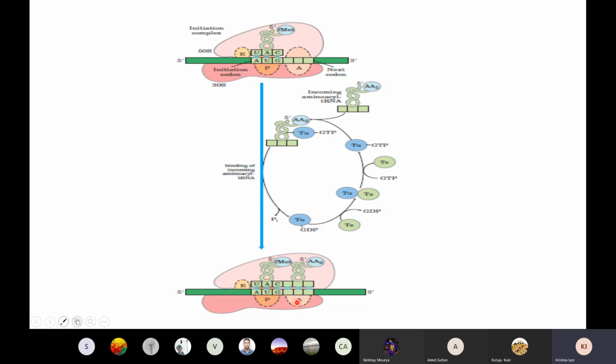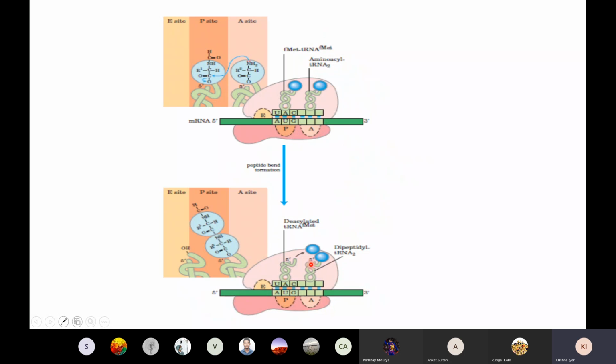So at the A site now there's another tRNA, and this tRNA is the one whose anticodon loop is complementary to this one, or wobble-wise complementary, and it is carrying the appropriate amino acid. As soon as these two have come together, the next reaction occurs, and the next reaction is what we call the peptide bond formation.